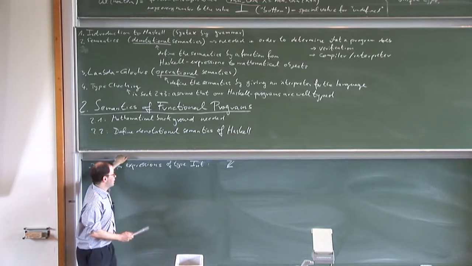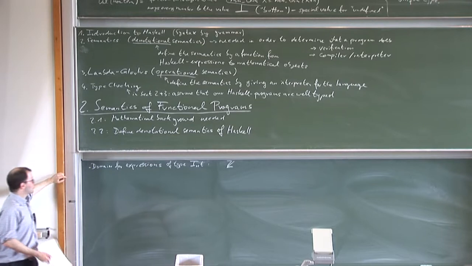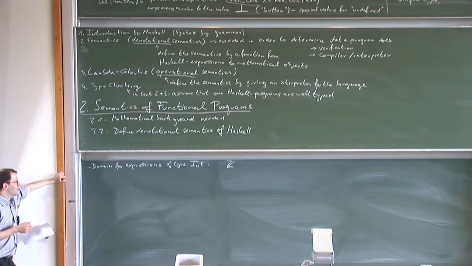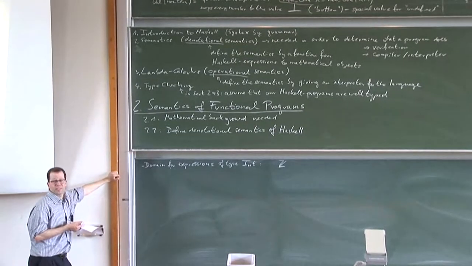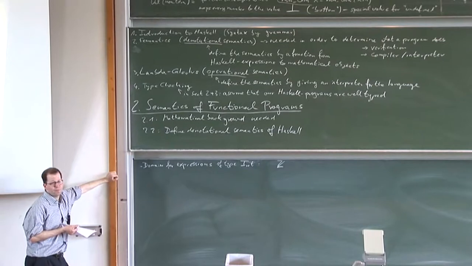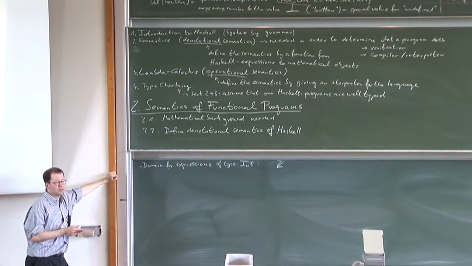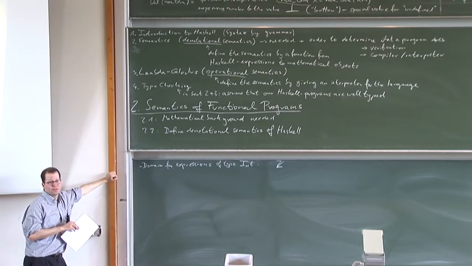So the first idea would be, what is the meaning of Haskell expressions of type int? Well, every Haskell expression of type int, the meaning is an integer number. Do you think this is a good idea? Or do we need more?